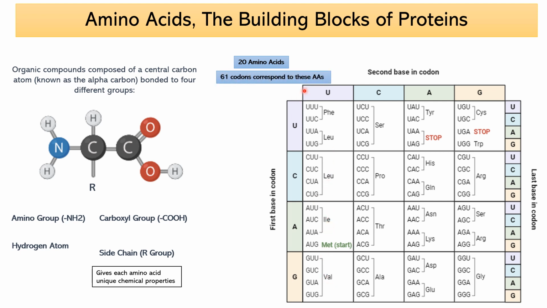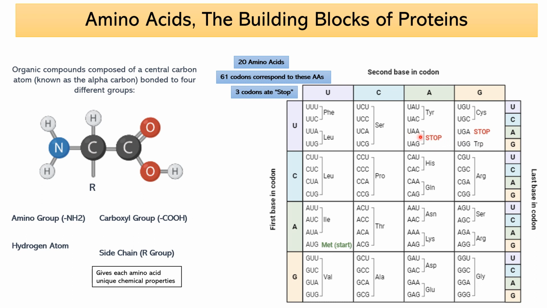Also, we can see that for every amino acid there is a specific number of codons that correspond to that amino acid. In the human body there are 61 codons corresponding to amino acids, and 3 codons corresponding to what we call a stop codon.